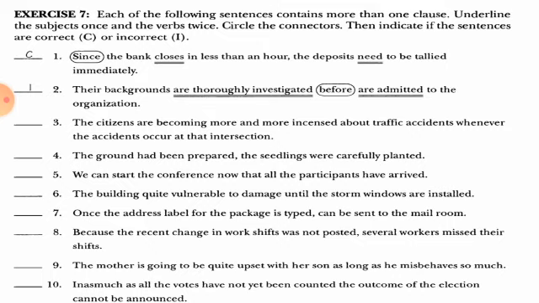Question number 7. Once the address label for the package is typed, can be sent to the mail room. This sentence is incorrect because the second clause has no subject. Because there is a missing subject, the sentence is incorrect.